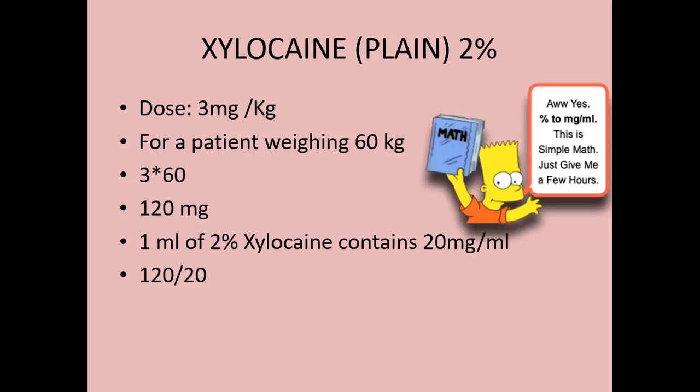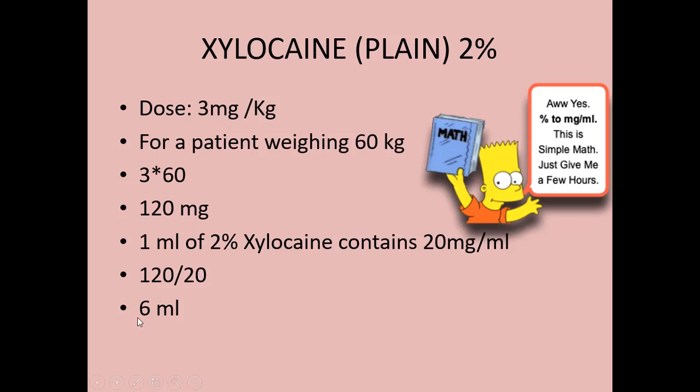So in that case I have to divide this 120 by 10. For example, if I am using 0.5% xylocaine, then in that case I will be dividing 120 by 5. That is simple maths. So what is the result? The result is 6 ml.